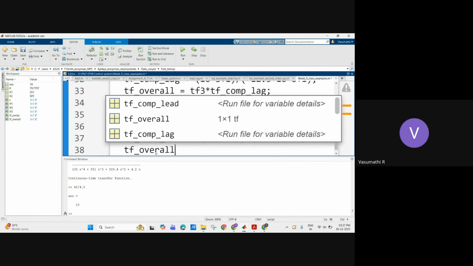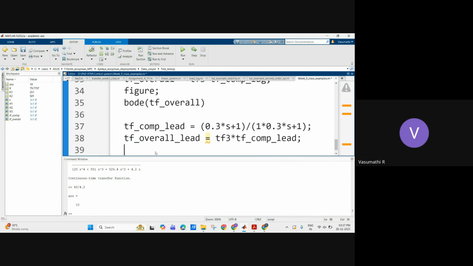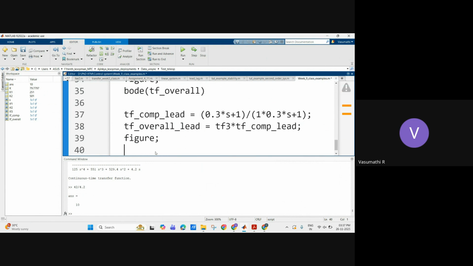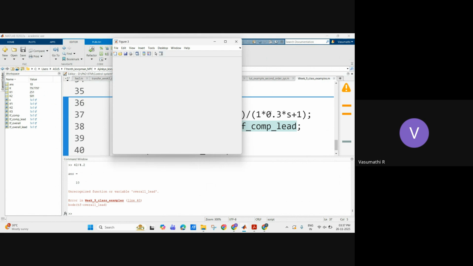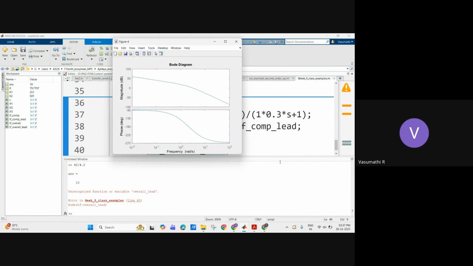TF overall lead is equal to TF3 into TF compensator of lead. If I put up the Bode plot of TF overall lead, then I can find the phase margin and gain margin of this.